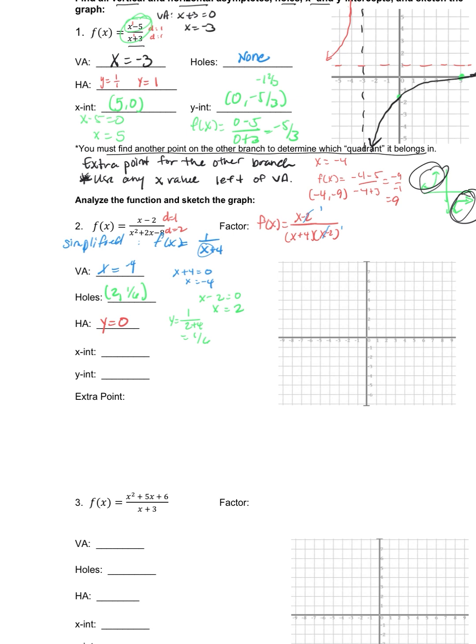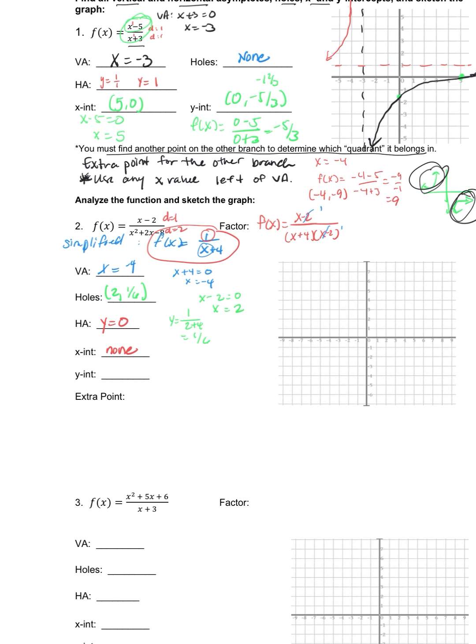Okay. X-intercepts. To find the x-intercepts, I look at my simplified version, which is right here, and I look at this. There is no variable, so I can't set x equal to this, so there is no x-intercept. It will not cross the x-axis.